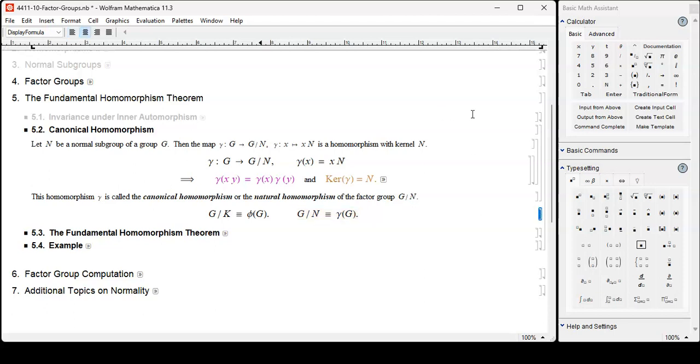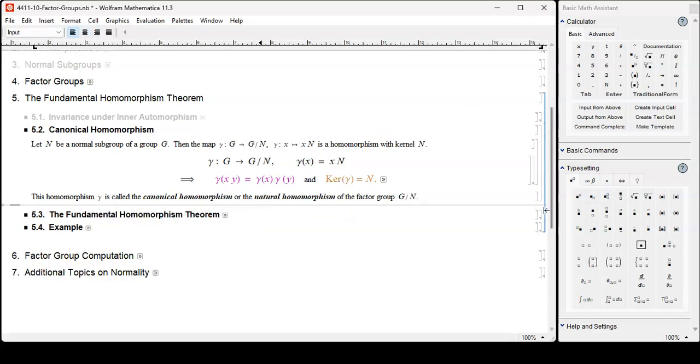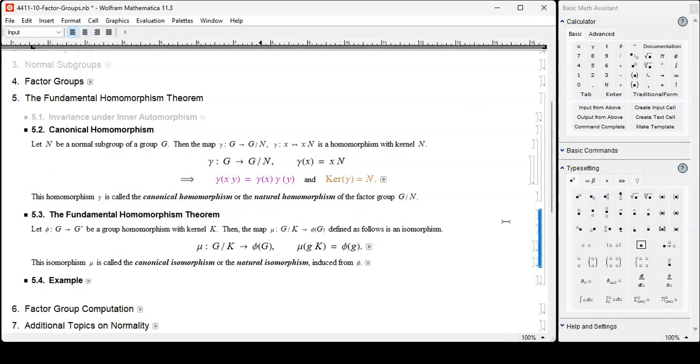Well, we can prove that. But we cannot go back to 4.1 and redo it because of that circular logic I told you before. So we have to reestablish and reprove it for the general case. And that's the next topic here. So it works for this gamma, but for other homomorphisms too.